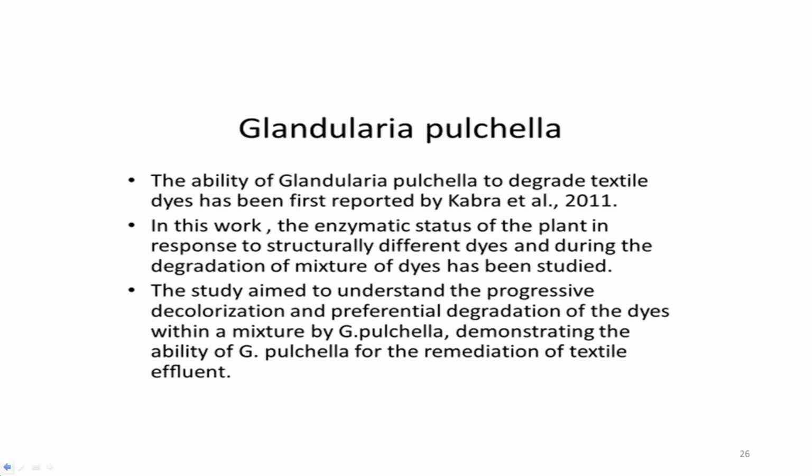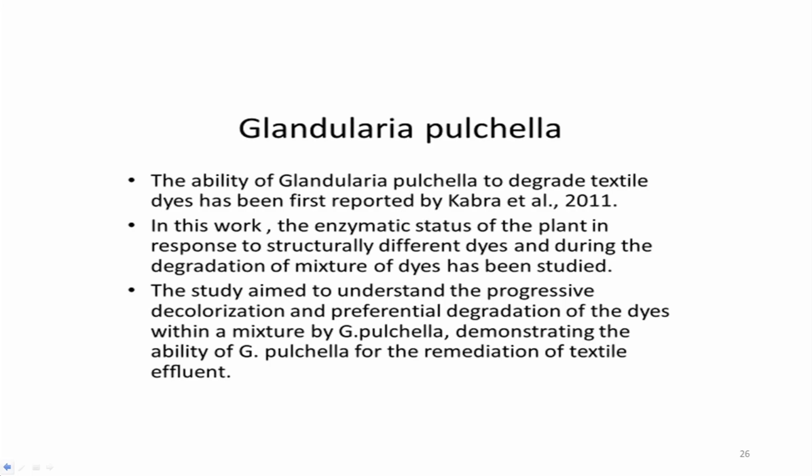Glandularia pulchella. The ability of Glandularia to degrade textile dyes was first reported by Cabra et al. in 2011. In this work, the enzymatic status of the plant in response to structurally different types of dyes and during the degradation of a mixture of dyes was studied.